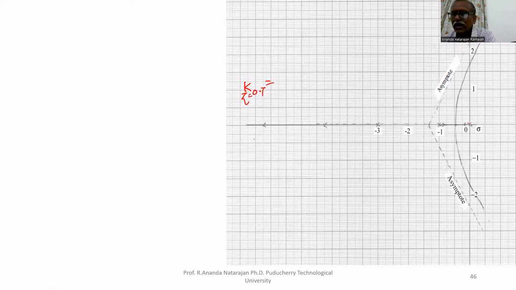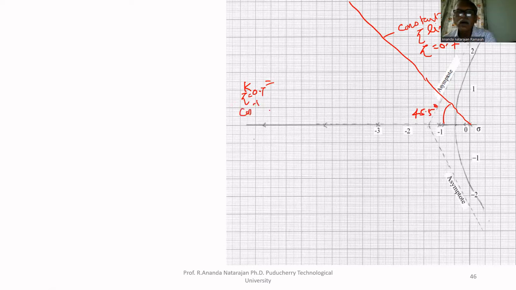For that, I will draw a line, a constant zeta line. It's zeta equal to 0.7. The angle made with the negative real axis is 45.5 degrees, because cos inverse of 0.7 equals 45.5 degrees.